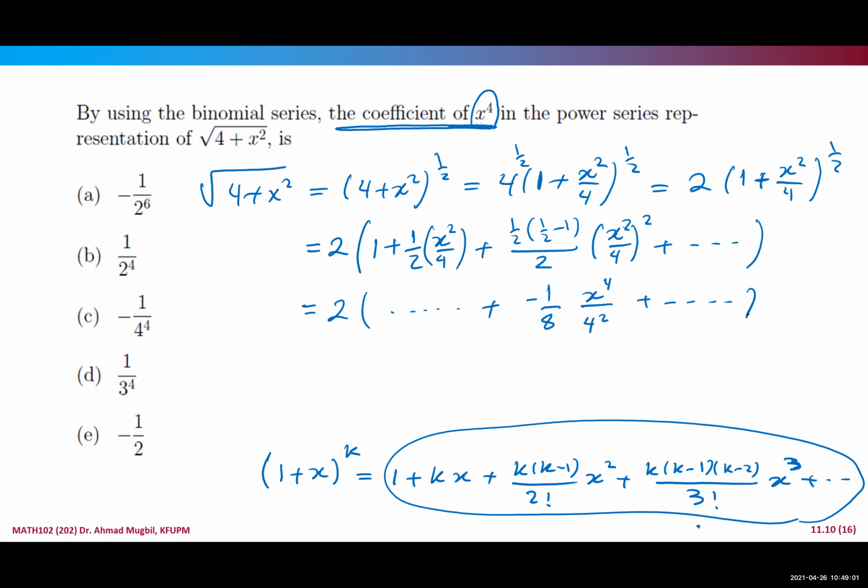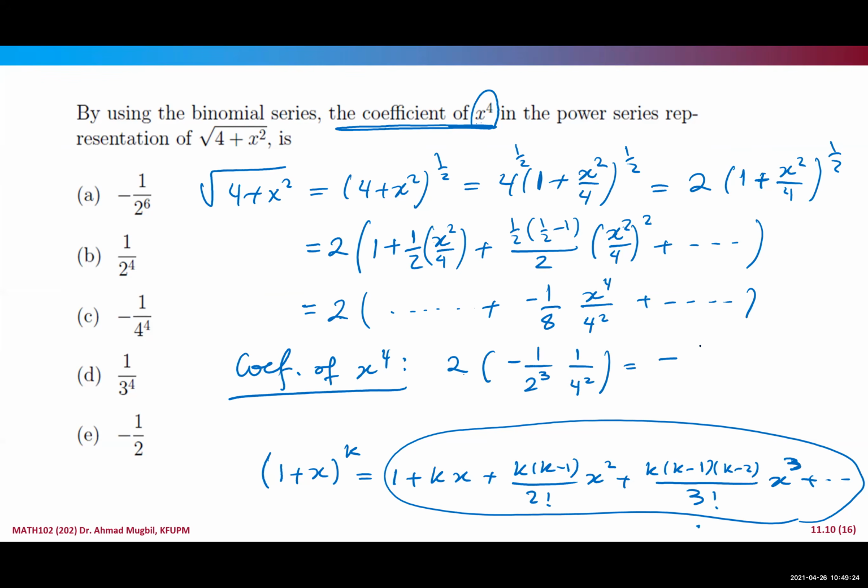And so on. Now, what is the coefficient of x to the power 4? It will be this 2 multiplied by negative 1 over 2 to the power 3 times 1 over 4 to the power 2. What is this, ya shabab? This is negative.